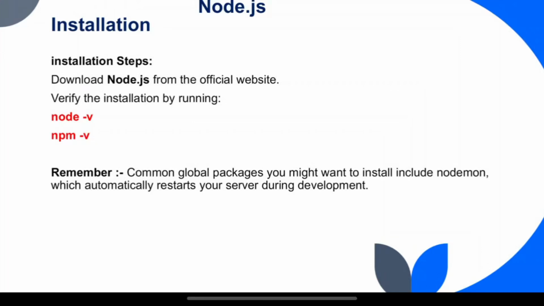Run this command on your terminal, and it gives the version of Node.js. If you cannot get this, please retry installing it. Remember, common global packages you might want to install include nodemon, which automatically restarts your server during development.